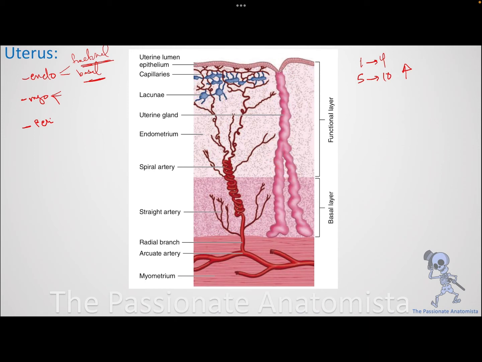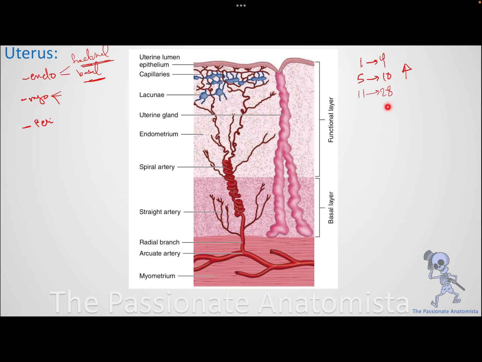And after that, from day 11 all the way to day 28, you have the secretory phase. It means you have the glands ready, you have so many coils of blood vessels, and you are going to secrete more and more from the uterine glands because you are nourishing the area and getting ready to receive a baby.